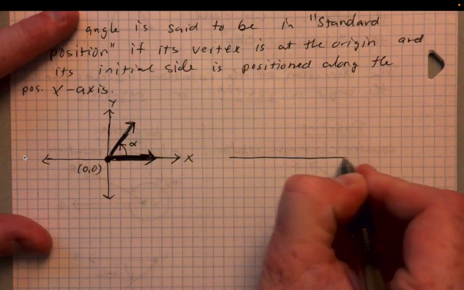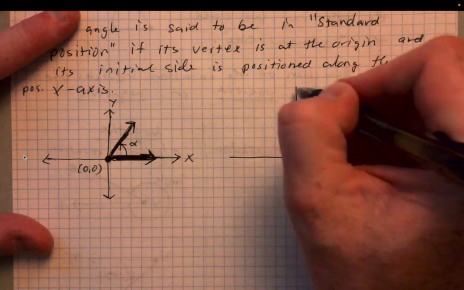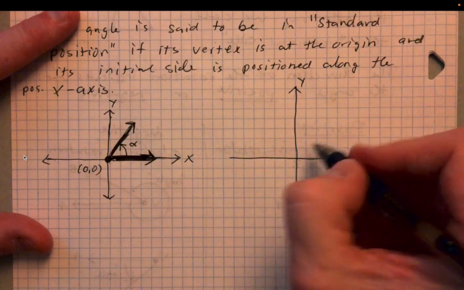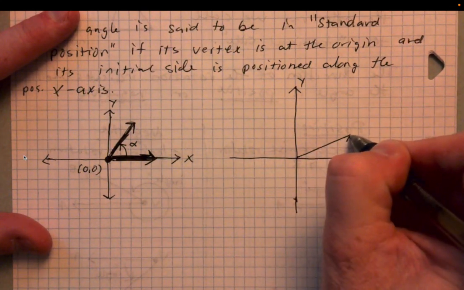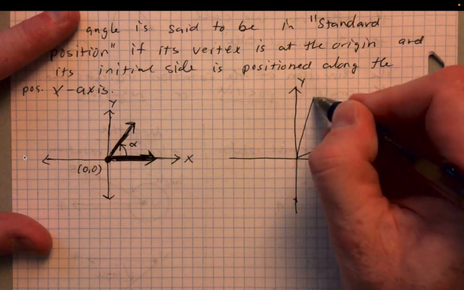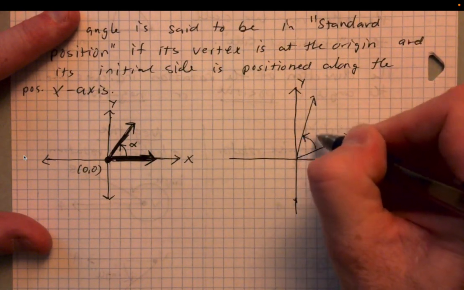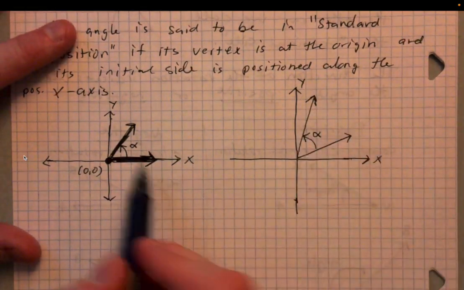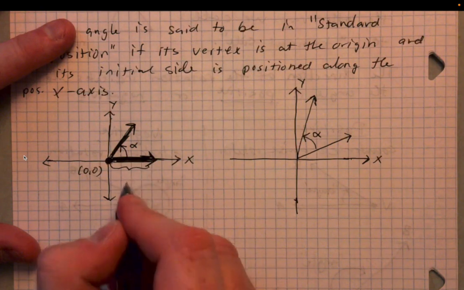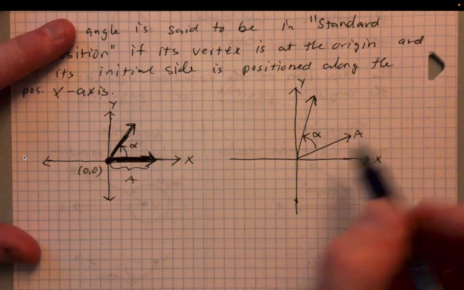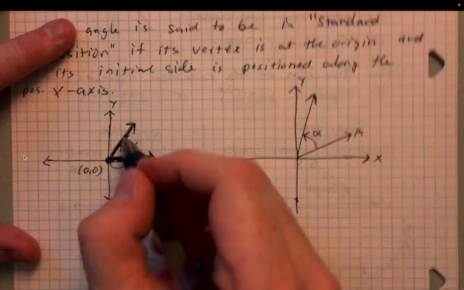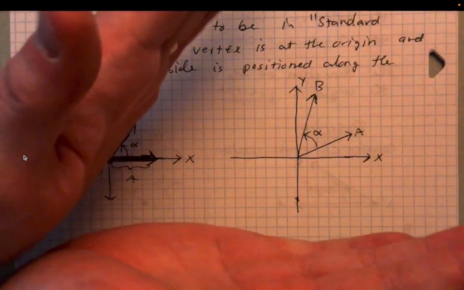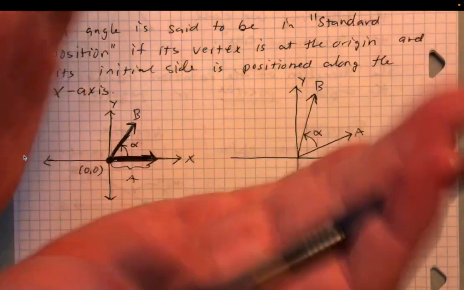Now, to contrast, maybe I again have my y-axis and my x-axis, and I could have maybe the same angle, but you can see that it's moved up somewhat. It's in a different position. So this thing here, which we'll call A, maybe it lives here now, and this thing here, which we'll call ray B, is up here. It's like you took the whole thing and just moved it up.